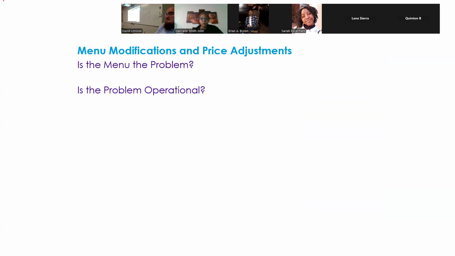So is the menu the issue, that maybe our items aren't priced appropriately and we might need to change that? Or do we just have different things on our menu that we've got to get rid of? Okay. Let's say we're a steakhouse, we have a pasta primavera, which is basically just pasta and vegetables. If that's in our dog category, are we going to get rid of it?